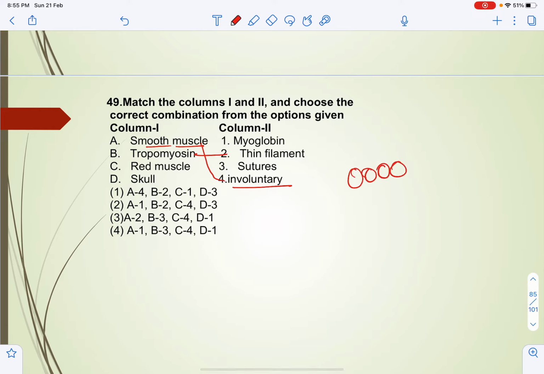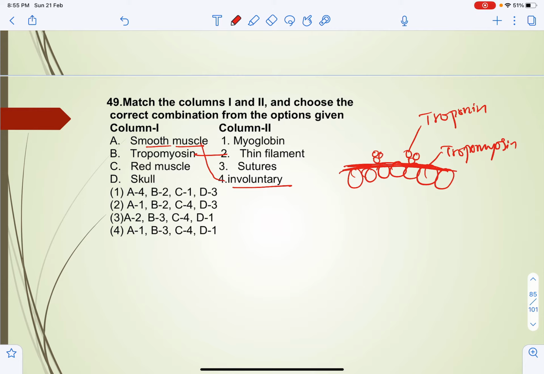If this is the globular actin, filamentous, we can see tropomyosin. At regular intervals we can see 3 subunits. What is it? Troponin. So this is tropomyosin associated with actin, and this is troponin, right.